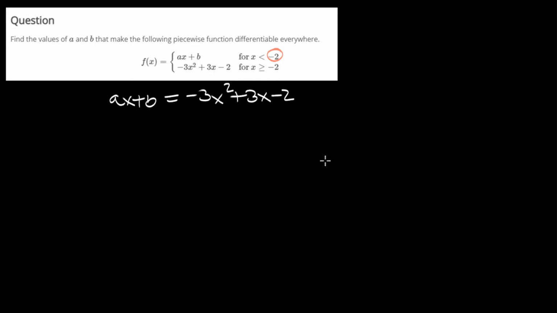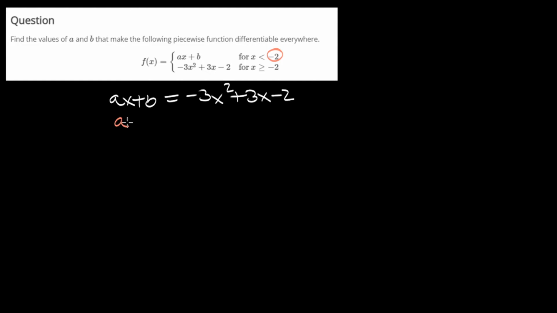They're lines, so that means they are continuous functions, but we want to make sure that they're continuous at -2. Because if they're continuous at -2, they can be differentiable at -2 as well. In order for something to be differentiable, it has to first be continuous. And we make sure it's continuous by setting them equal to each other.